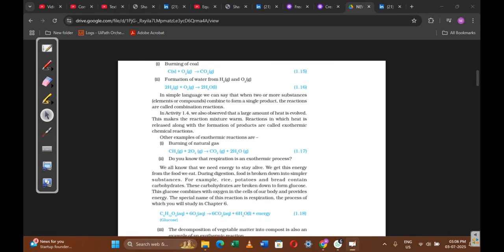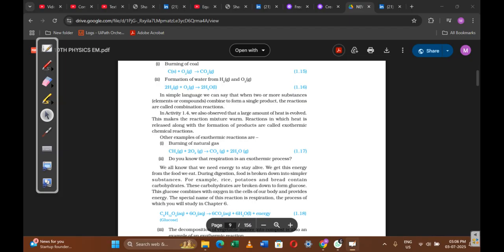Natural gas has methane, CH4, in it. When it burns, it releases carbon dioxide, water and heat energy. We use this for cooking purposes.